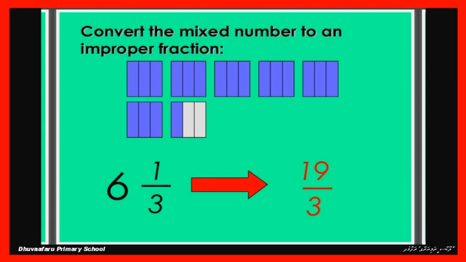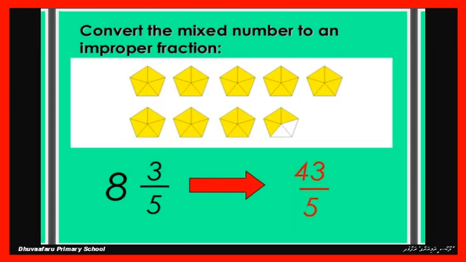Converting the mixed number to an improper fraction. 6 1 by 3 gives 19 by 3. So 6 times 3 is 18. 18 plus 1 is 19. So we have to write 19 in the numerator and 3 in the denominator. So 6 1 by 3 changed to an improper fraction gives 19 by 3.